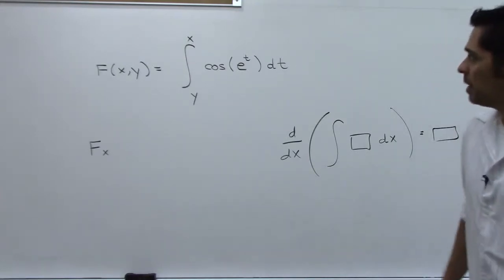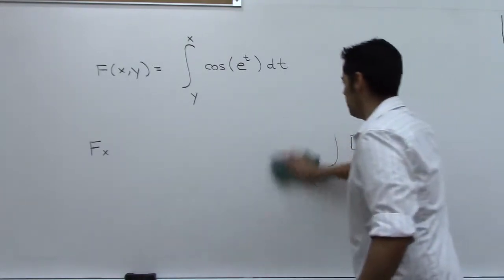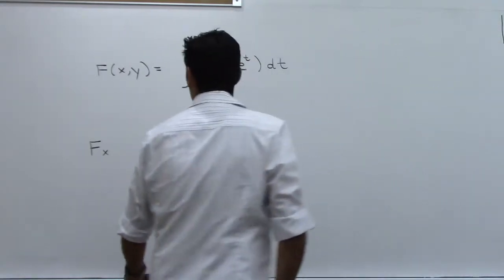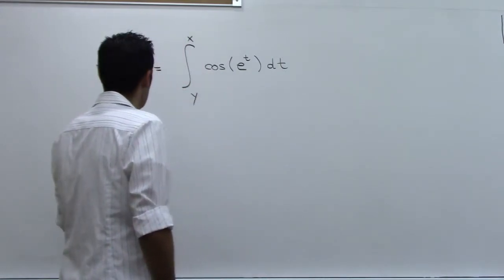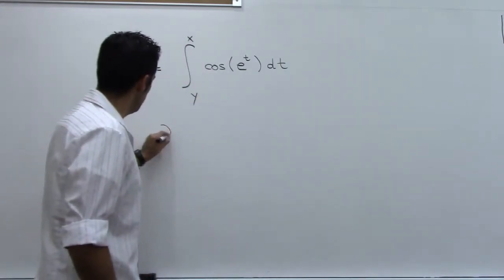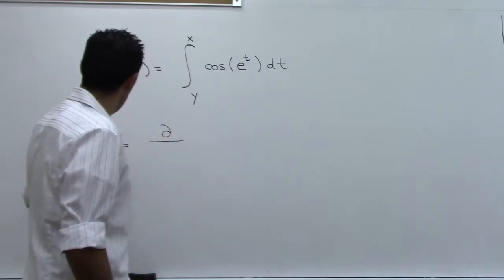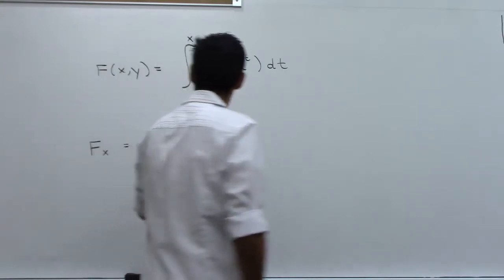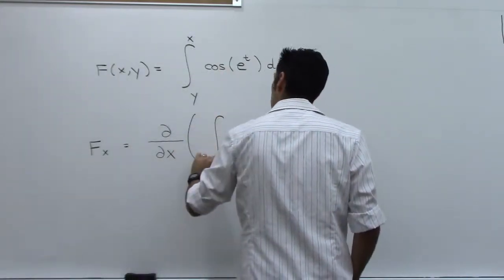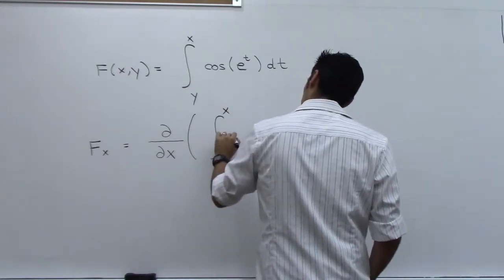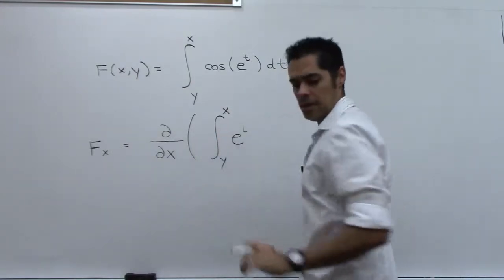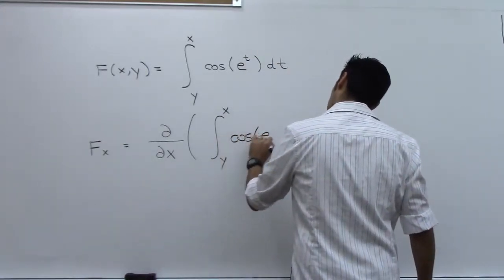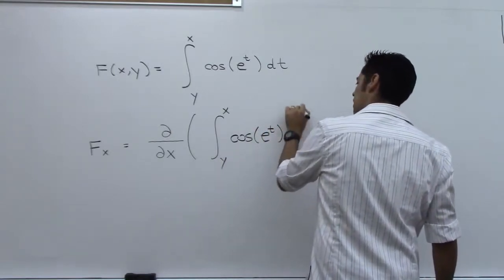So when we do this, we can do something similar. What we're going to do is first imagine taking the partial derivative, I'm using some different notation, with respect to x of the integral from y to x of e to the t, cosine of e to the t dt, like this.